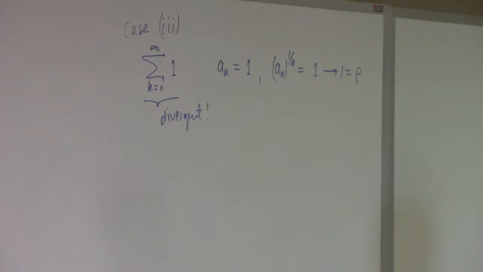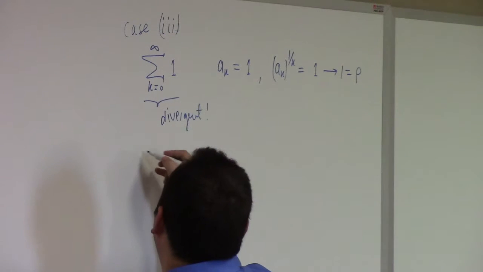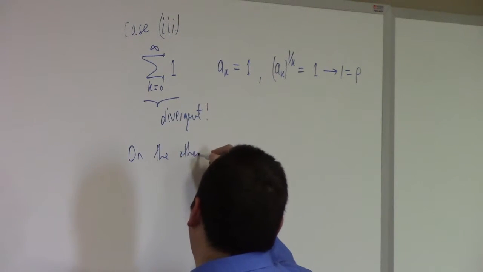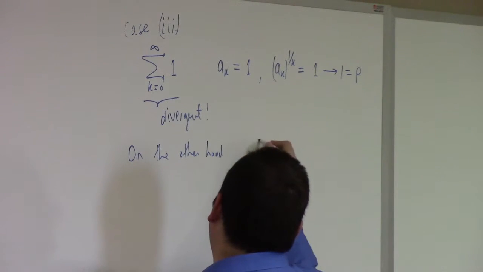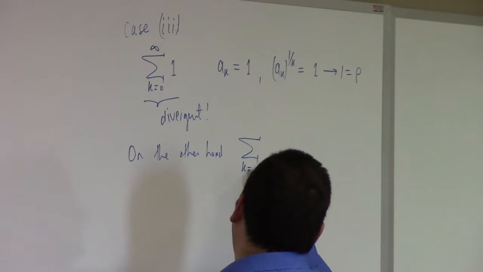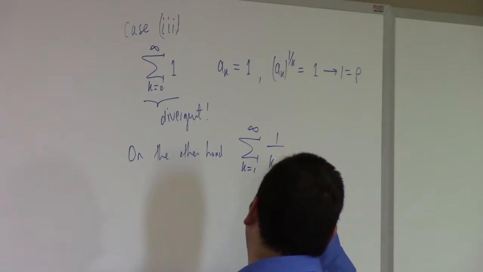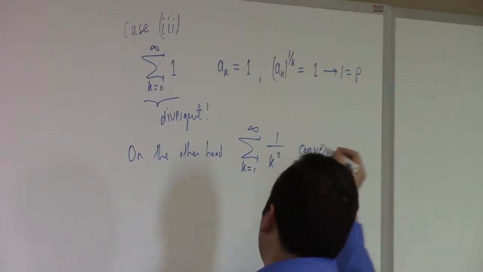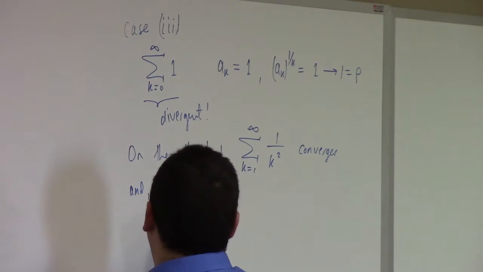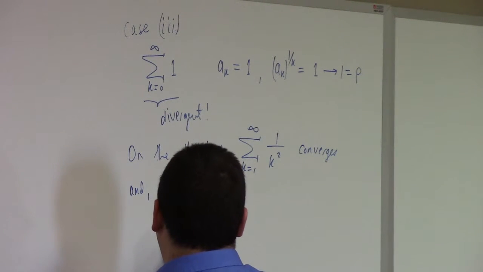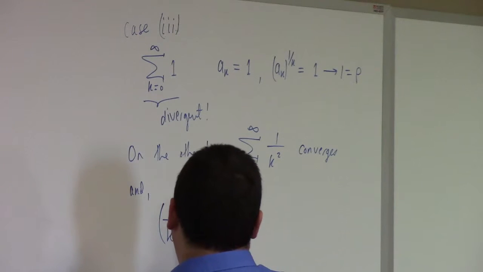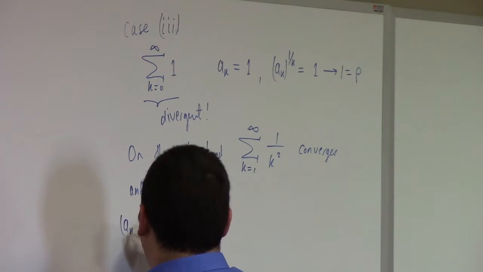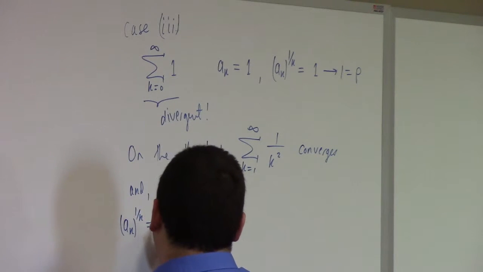On the other hand, the sum k equals 1 to infinity of 1 over k squared converges, right? And if you look at 1 over k squared to the 1 over k power, in other words, a sub k to the 1 over k, what is that?